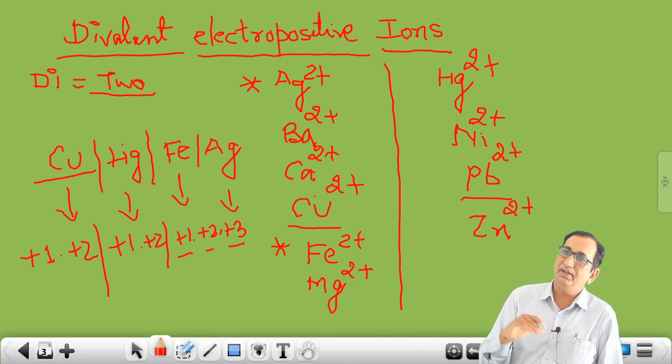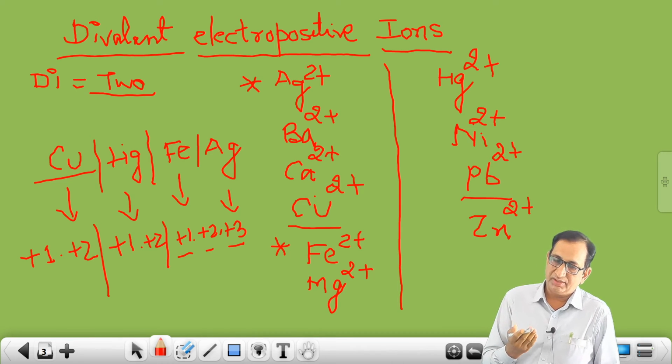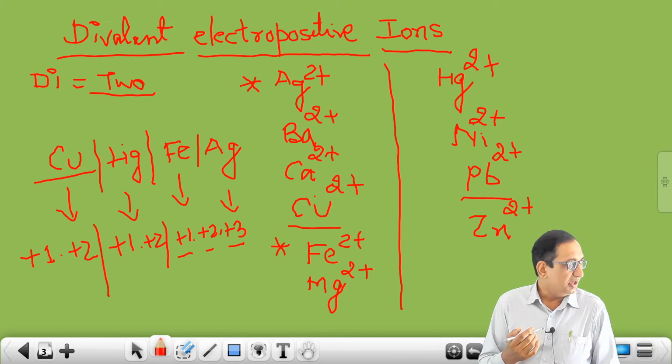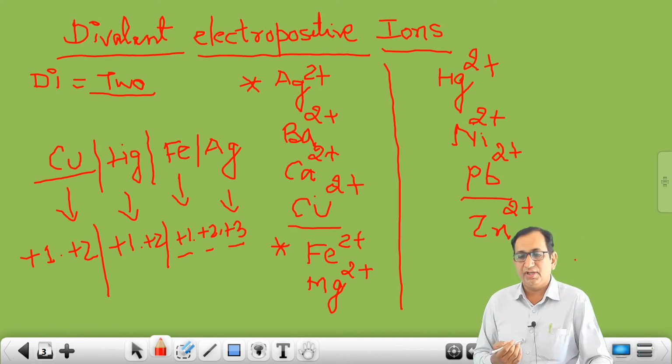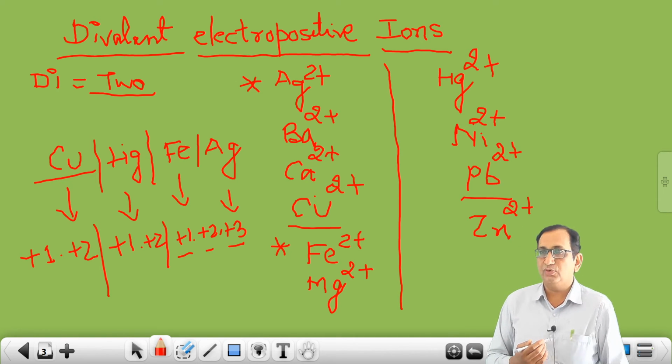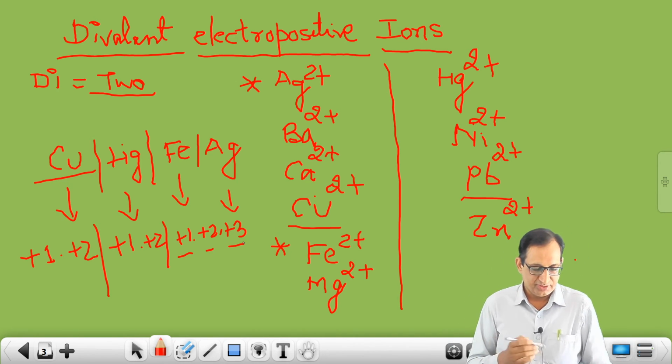Okay, so this us and ic. Like mercurous, mercuric, like ferrous, ferric, like cuprous, cupric. So it was divalent electropositive ions.